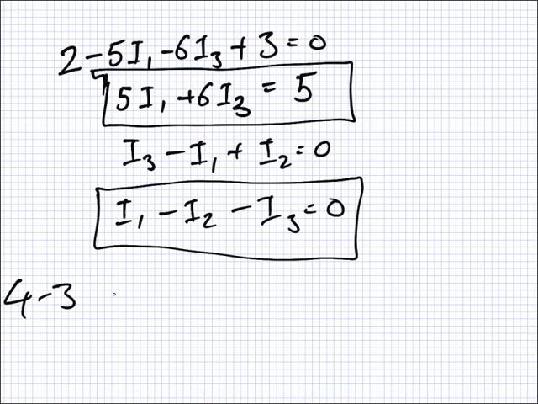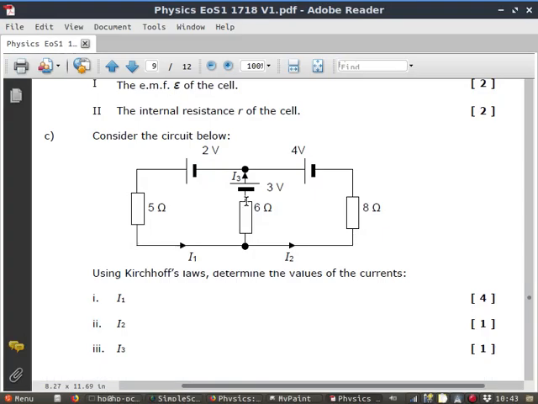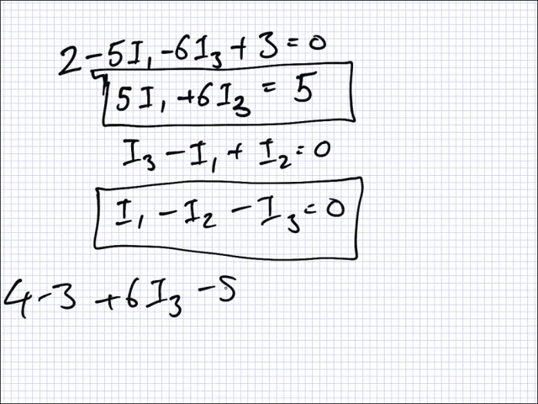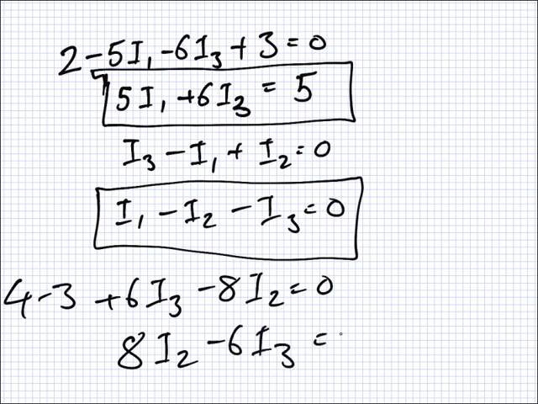So it's plus, so it's plus 6I3. Minus 8I2 equals 0. So 6I3 minus 8I2, or maybe I'll say 8I2 minus 6I3 equals 1.